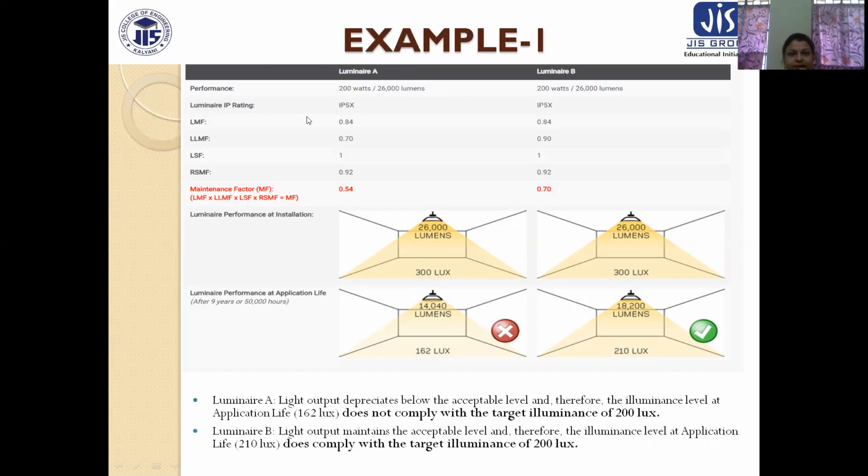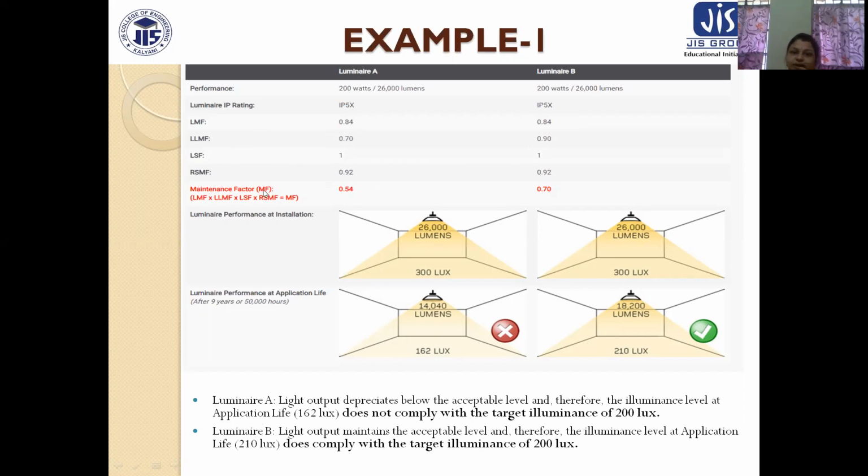Next, the luminaire IP rating is IP5X for both. LMF equals 0.84 for A and 0.84 for B. LLMF is 0.70 for luminaire A and 0.90 for luminaire B. LSF is 1 for both, and RSMF is 0.92 for both.